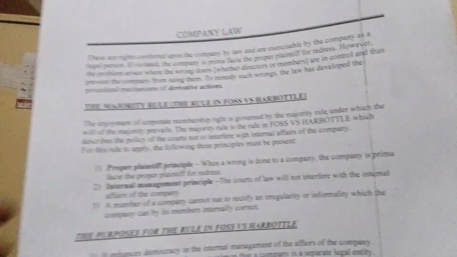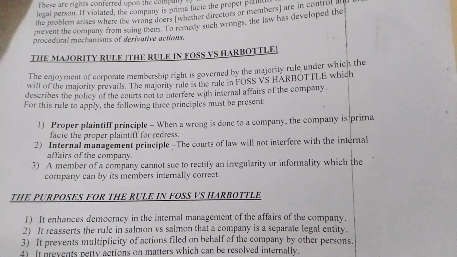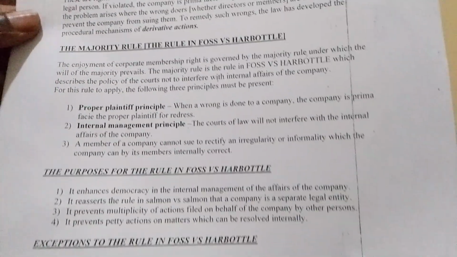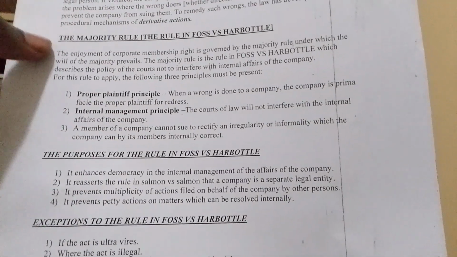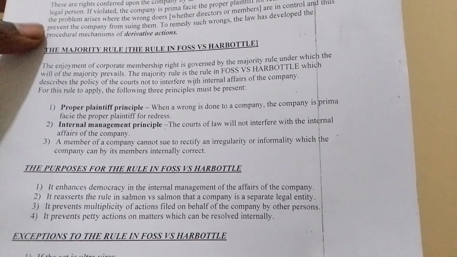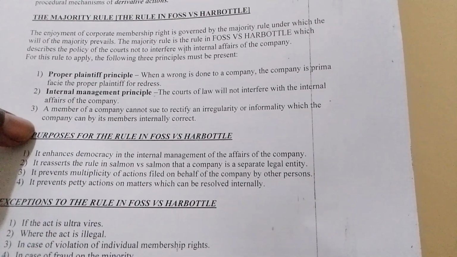Now, away from that, I can explain a little bit of the majority rule, which is known as the rule in Foss versus Harbottle. Just go through these notes here on the rule in Foss versus Harbottle. Check this.